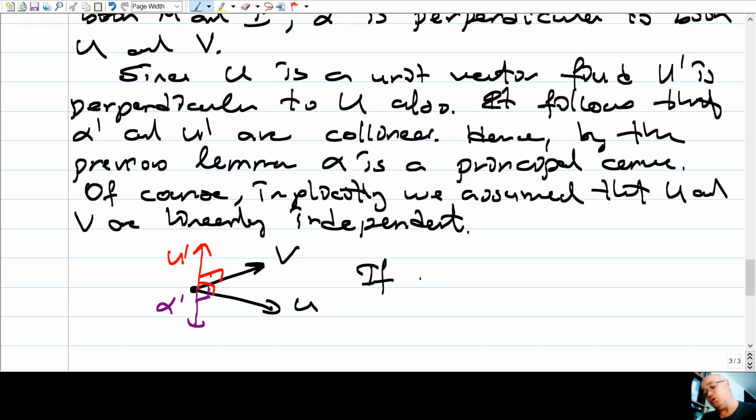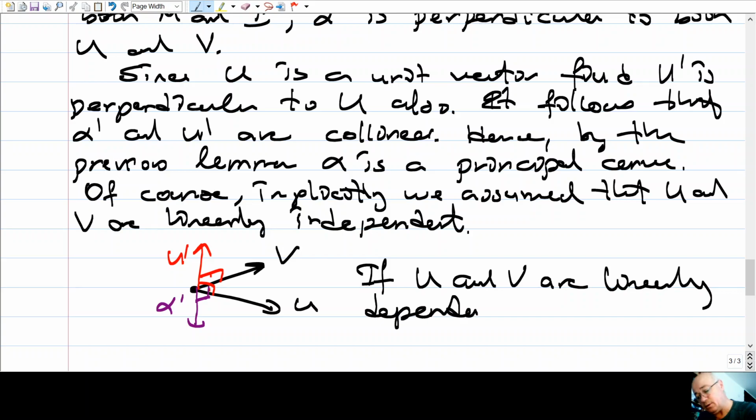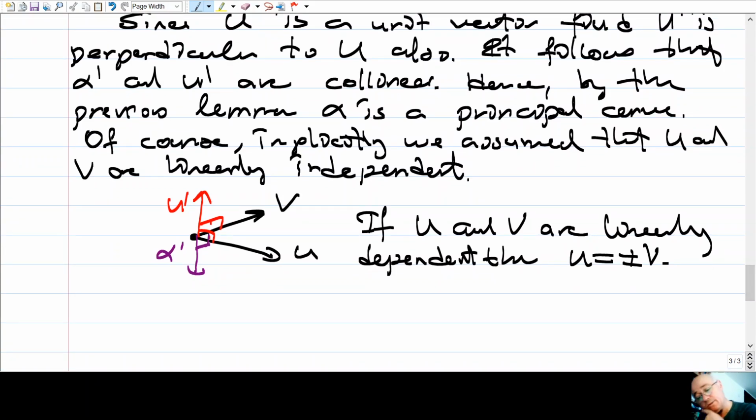If u and v are linearly dependent, then of course, since they are both unit vectors, u is plus or minus v, either v or minus v.